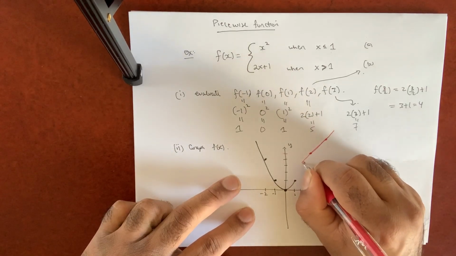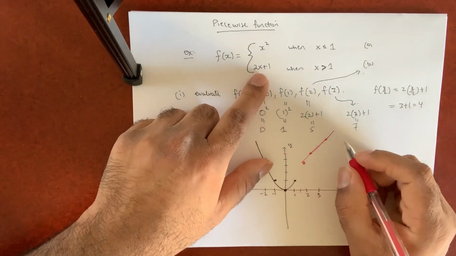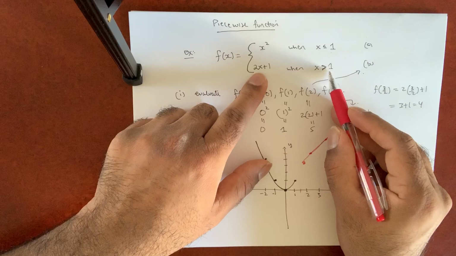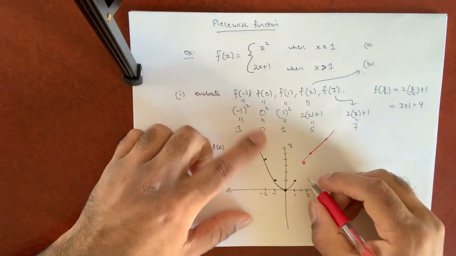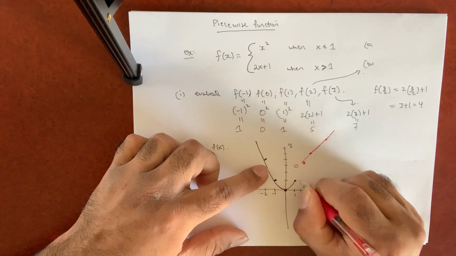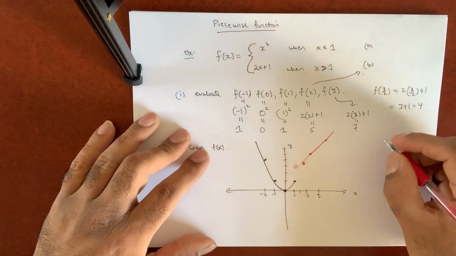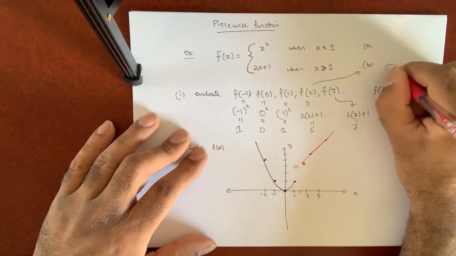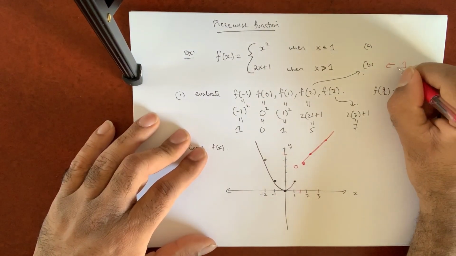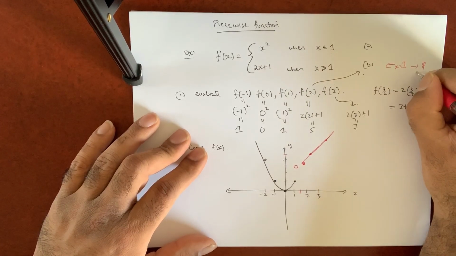So my graph is not to scale. If I was going to plug in 1, I would get 2 plus 1, which is 3. I would have a point here, 1 comma 3. If I plugged in x equals 1 in here, I would have got y equals 3.